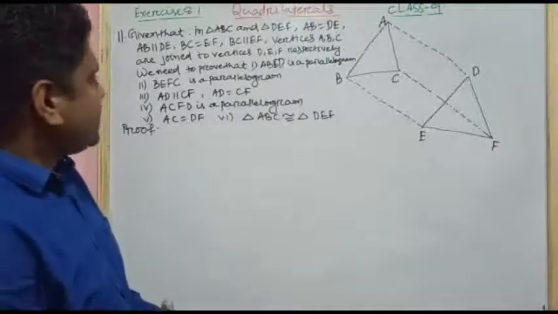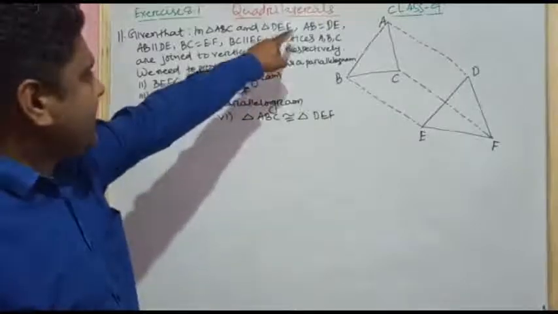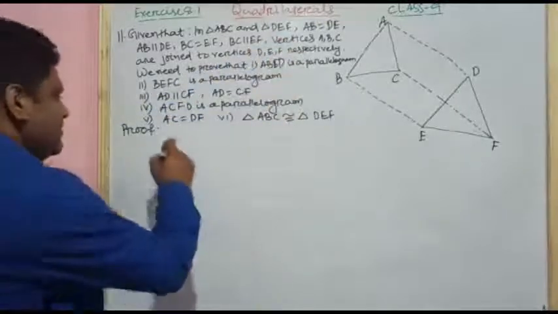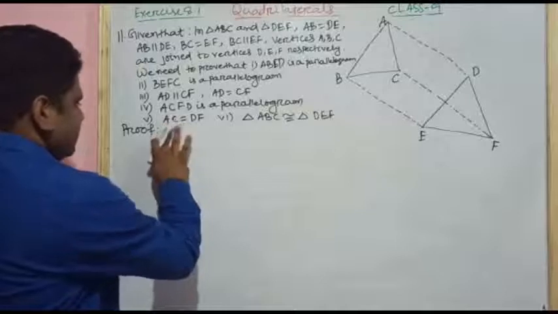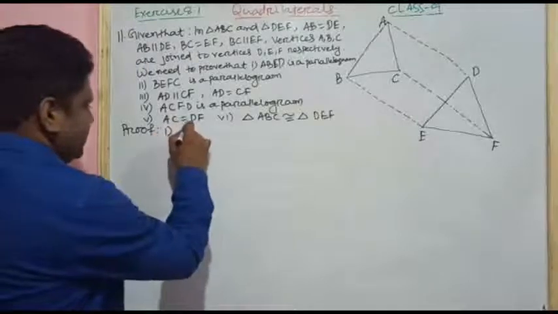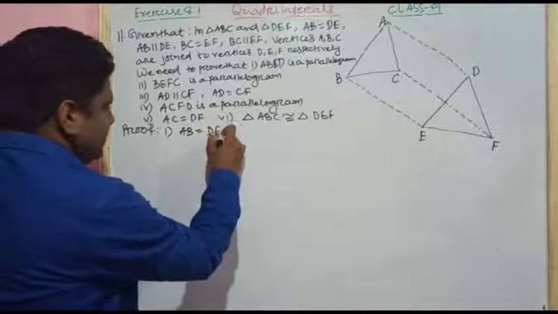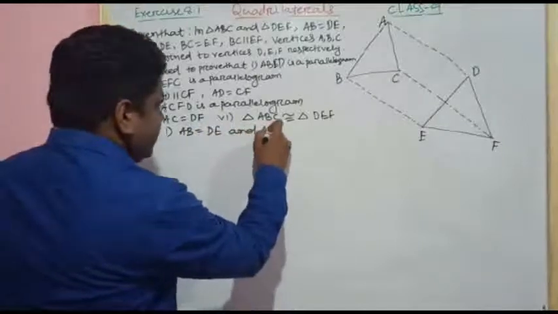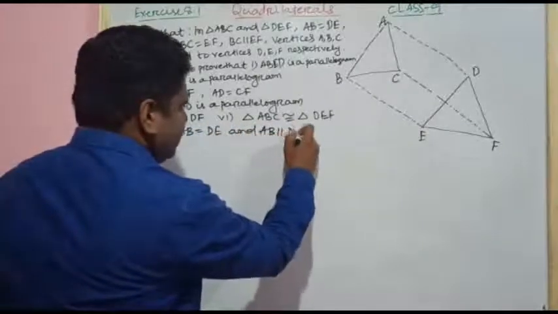For the proof of first one, let's take the given data, that is AB is equal to DE. This is the first bit of our proof. It is AB is equal to DE and AB is parallel to DE.